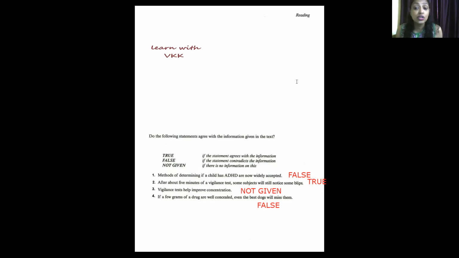If I make a change to no, yes, not given, yes, no, yes, not given, no, I'll just get 1 out of 4, right? So I repeat, we need to know what the instructions are. We need to know the meaning of true, yes, false, no, or not given, which we've already discussed. We must remember that it is a sequentially arranged question type. So you will get your answers in an order. This will save a lot of time.